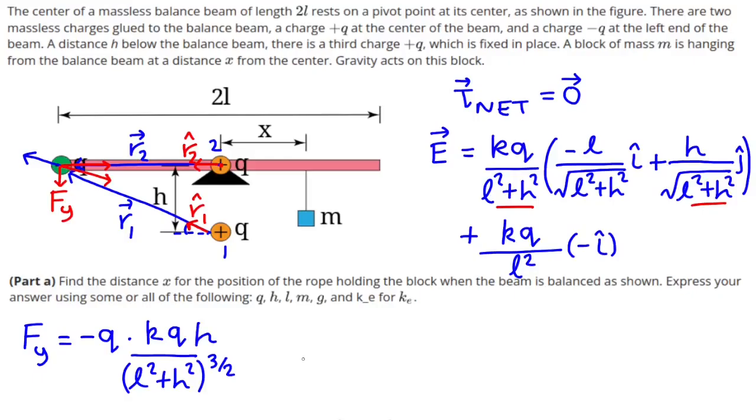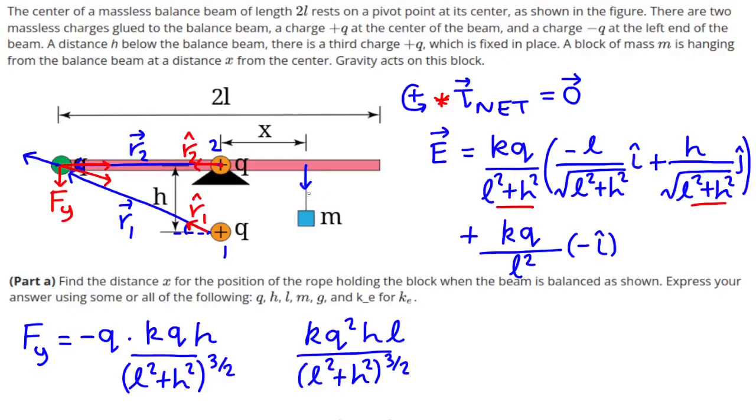So taking a net torque about the pivot, this force produces an anti-clockwise torque about the pivot. By the right hand rule, we take anti-clockwise torques as positive. So what we have is the force being kQ squared h on L squared plus h squared to the 3 on 2, by the moment arm, which is L, minus the torque produced by the force due to this mass.